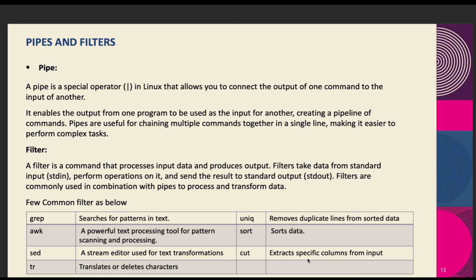Suppose you have a tabular format and you need to filter a certain column to be displayed in the output, then you can use the cut command. So we have learned a few of the basic pipe and filter commands, but in the next slide we'll try to see a few basic examples of how to use all these filter commands.